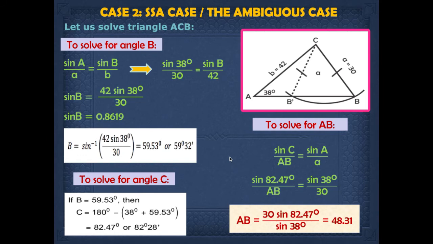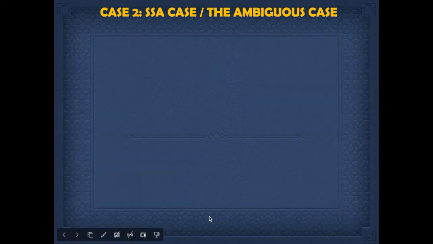So we were able to solve for triangle ACB, the bigger triangle. Remember, when we say solve a triangle, that means we will find all the three angles and all the three sides. Now let us also solve for the other triangle formed, this triangle ACB prime. So let's try solving for that as well.